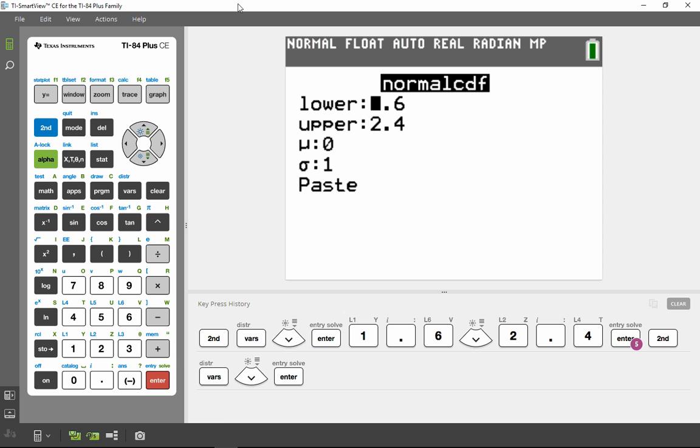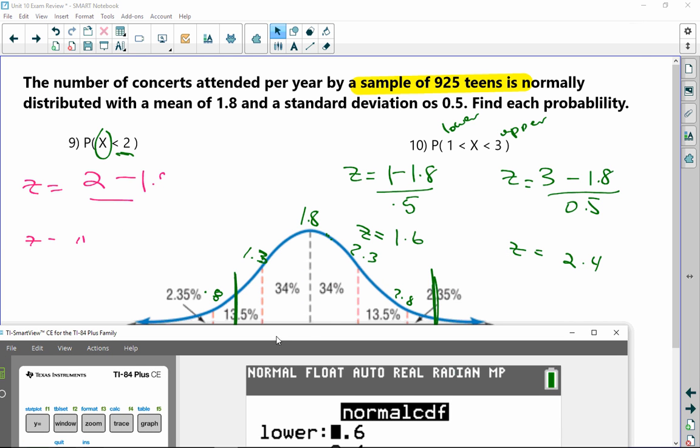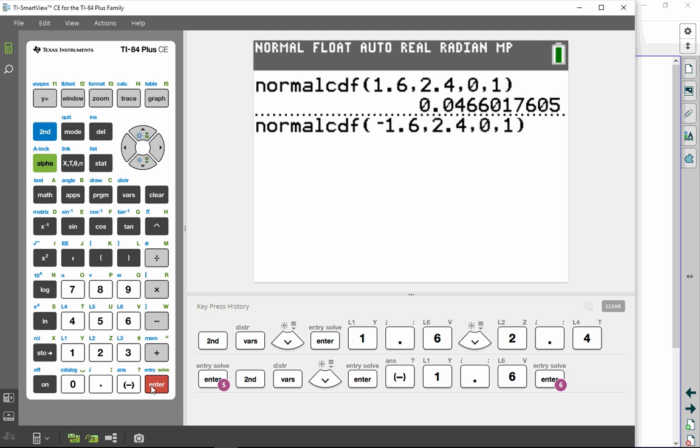Are you sure? Yeah. So I got on this. Okay. So it's going to be roughly about how much? 93.7% or 94%?